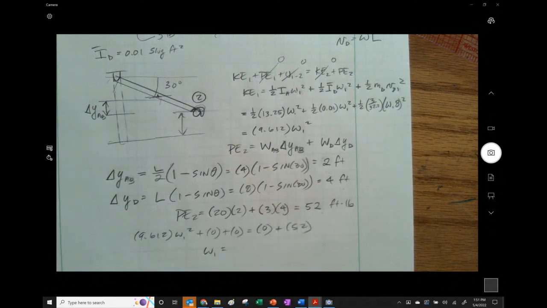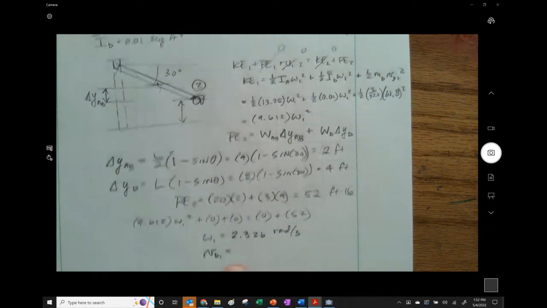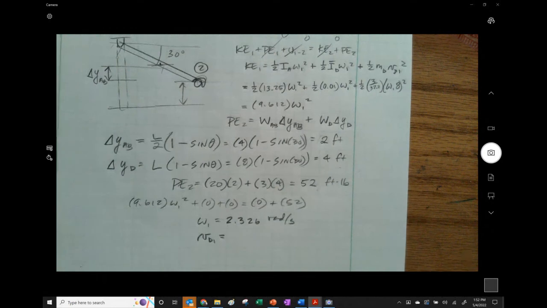So omega 1, boom, 52 square root is 2.326 radians per second. And if we wanted to find out what VD1 is, you're just going to multiply that by 8.